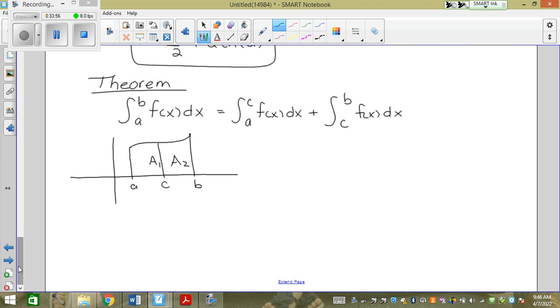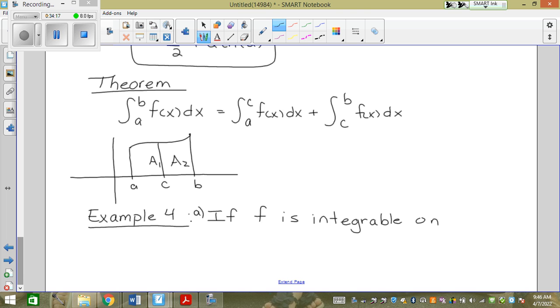They'll give you something like this. So I give you this, example 4. If f is integrable, that is a word, it means you can take the integral of it. Integrable on, it sounds like it's made up, it's not, on the closed interval 2, 7.